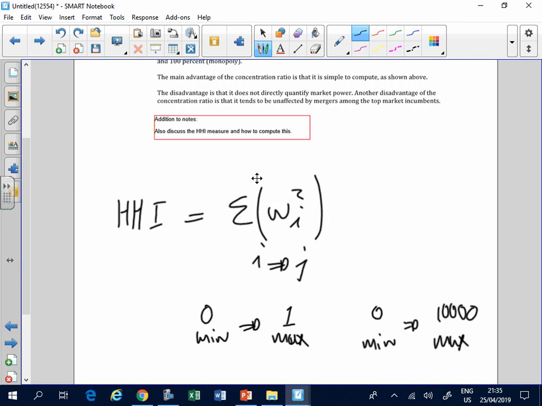Now, how you answer this is the following, and then you're done. Firm 1 has 40% market share. Firm 2 has 30% market share. Firm 3 has, let's just make it simple, 0.3 as well.